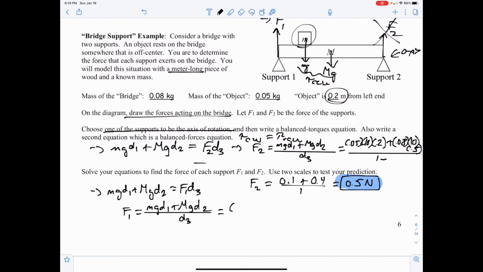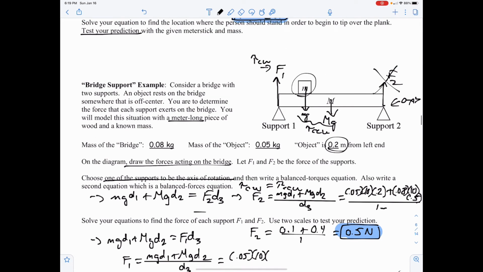Little mass again was 0.05 times 10 times. Now, the little mass is 0.2 meters from this end. That would make it 0.8 meters from that end.